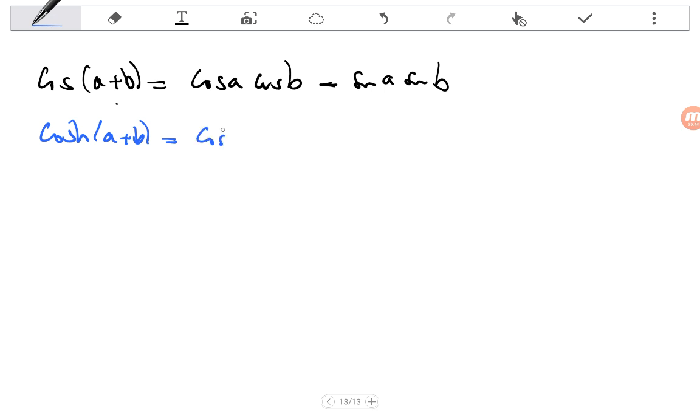No, it is just cosine. So that will be cosh a cosh b. What about this term? Yes, I will change it. So that will be plus sinh a sinh b. Okay? So for all of the rules that we have learned in trigonometric functions, we will have just analogous expressions for them.